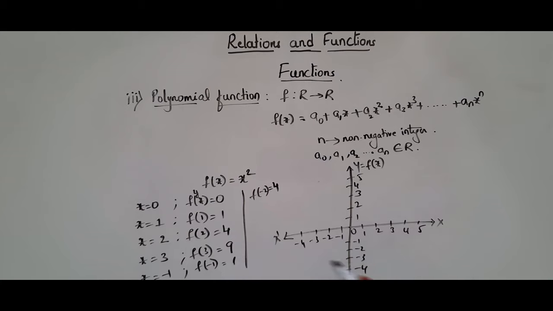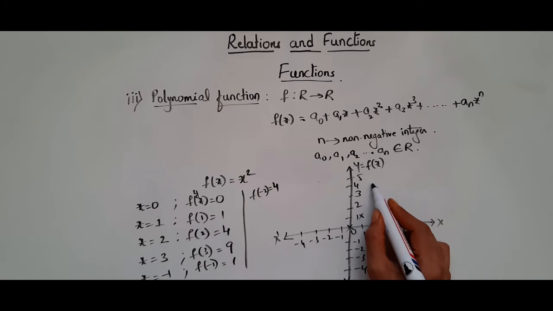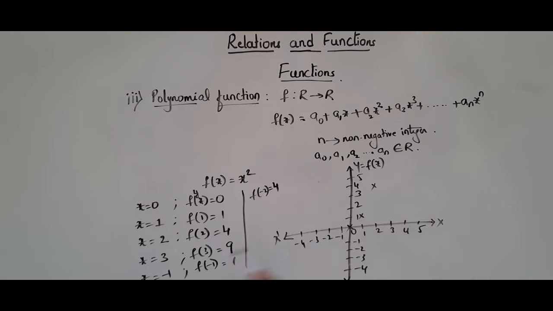So let's plot these points on the graph. So for x is equal to 0, your y is 0. So this point. When x is 1, so y is 1. So this point. When x is 2, your y is 4. So this point. When x is 3, y is 9.